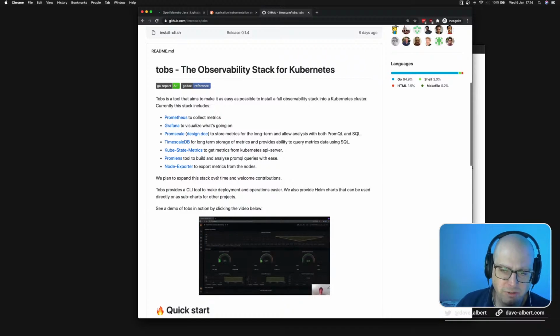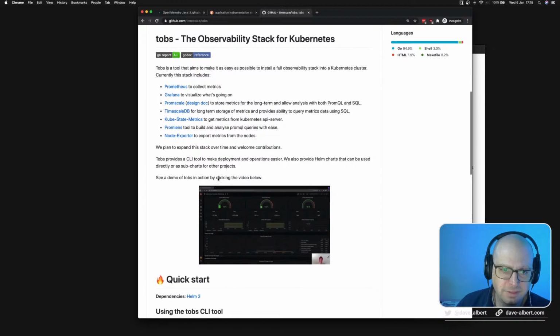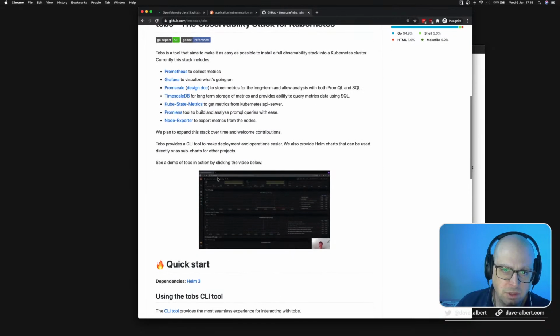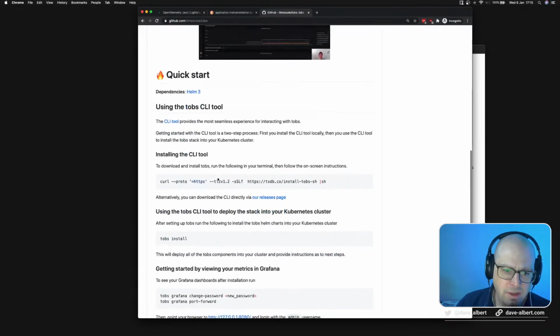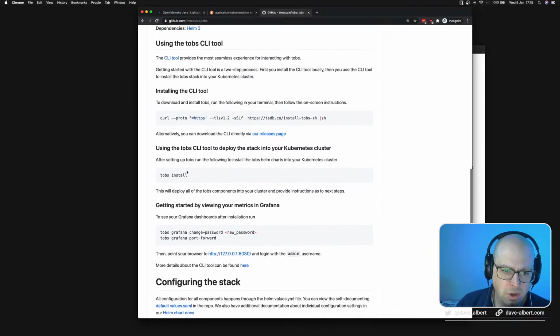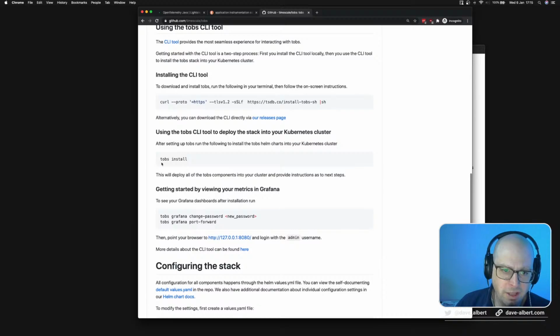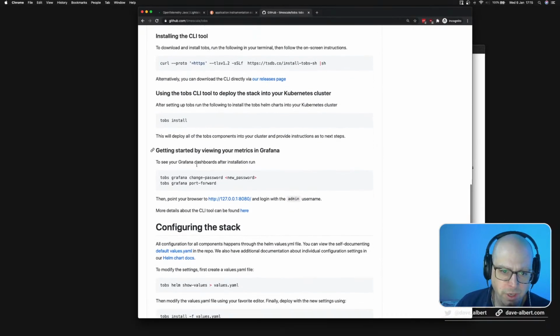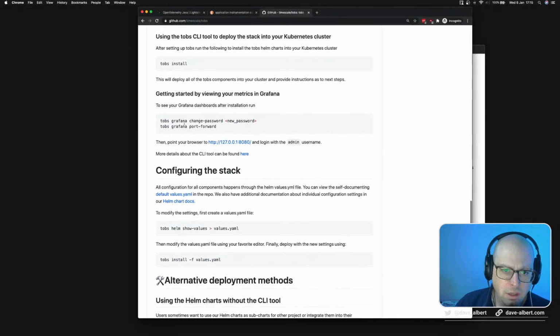TOBS, the observability stack. Okay, make it easy to add those. So install it with a script. All right. Oh, so you install TOBS and then TOBS install. Okay. And then TOBS Grafana.